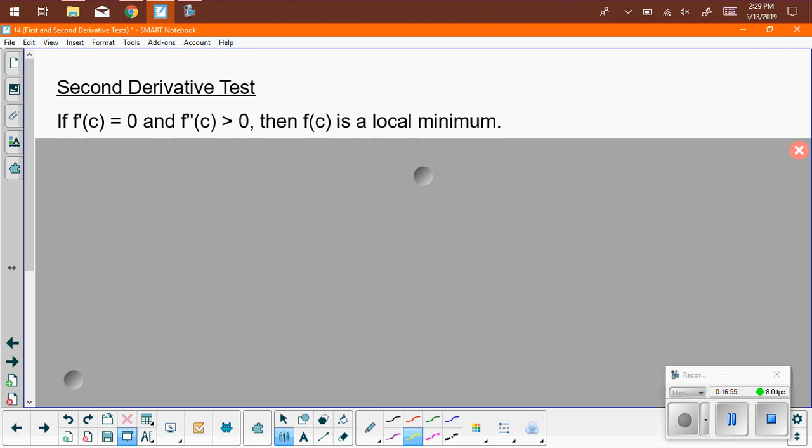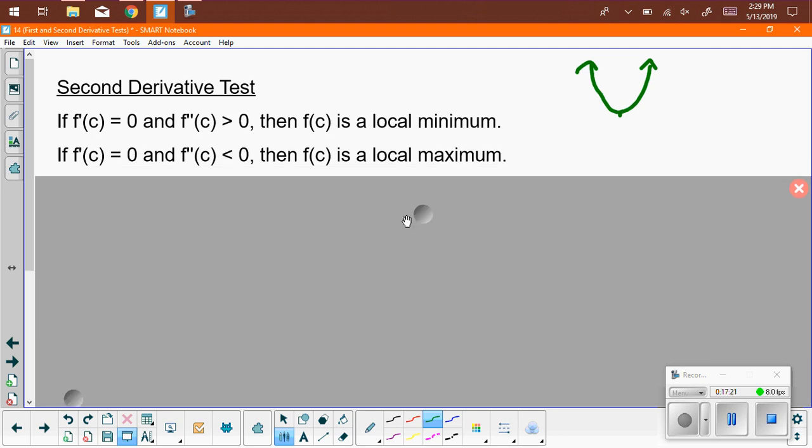I know this messes with people's minds because I said it's positive, but it's a minimum. If the second derivative is positive, I am concave up in that region, so my critical point is at the bottom, and it's going to be a minimum. Concave up gives me a minimum.